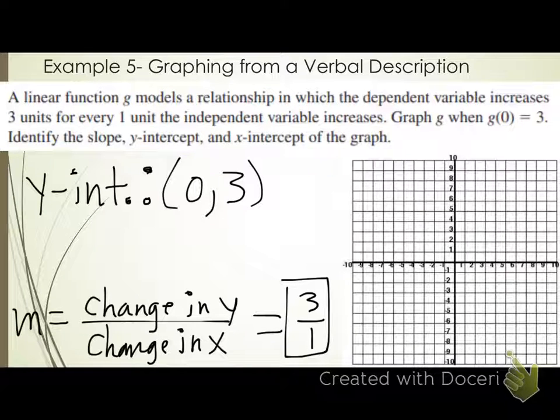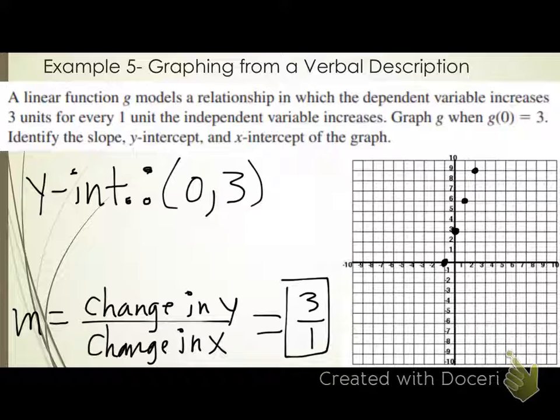Because I've already identified my slope and my y-intercept. Now I need the graph and my x-intercept. So put a point at 3, because that's my y-intercept. And what's my slope again? 3 over 1. Which two directions am I going? Up 3, right 1. Which other two directions can I go?